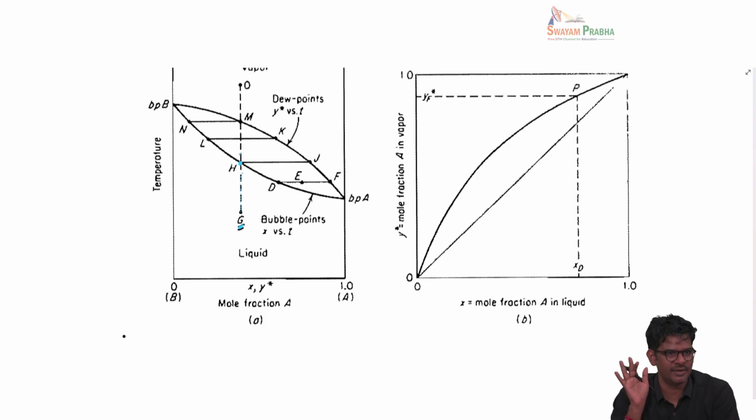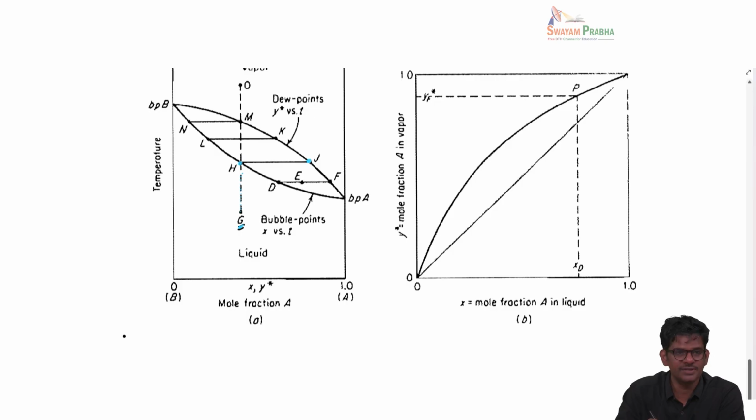Until then it's pure liquid. Okay, so basically the liquid gets superheated. At some point here, the first vapor bubble will form. When you bring the system to H, the first vapor bubble forms, and that vapor will have a composition corresponding to J.